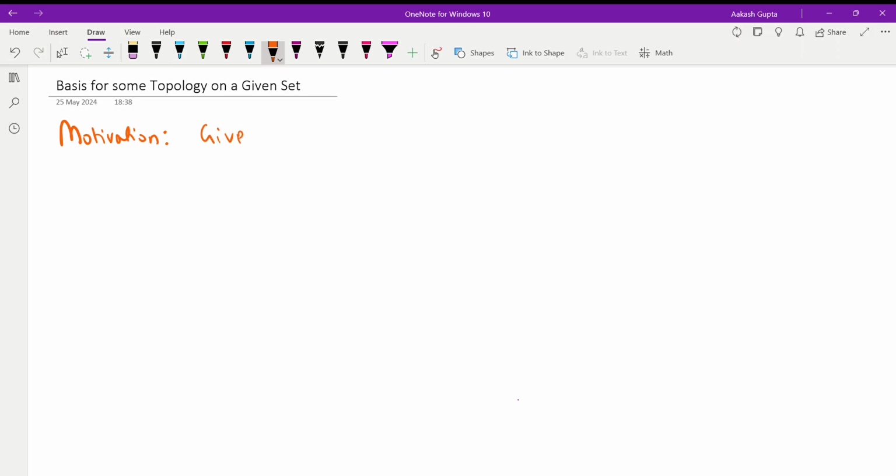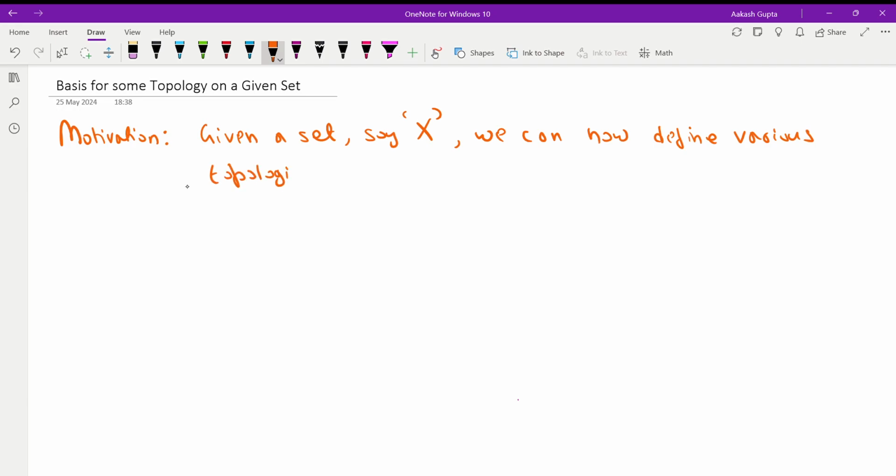Given a set, say X, we can define various topologies. Many topologies.